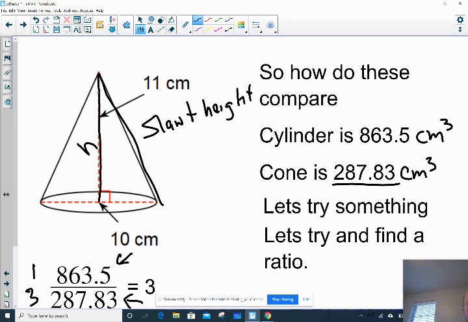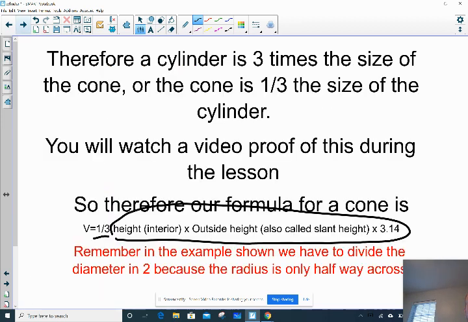So we have this height, there's my slant height, times 3.14. Let's go back to the formulas. I have the interior height times my slant height times my 3.14, which is my radius squared.